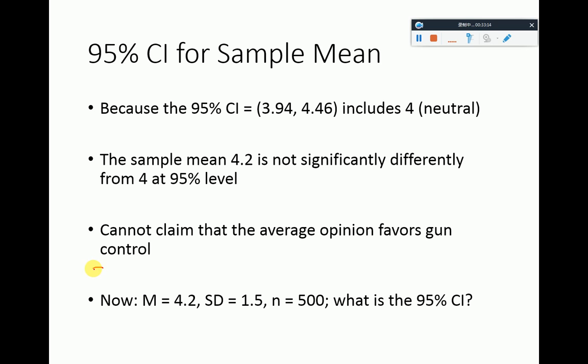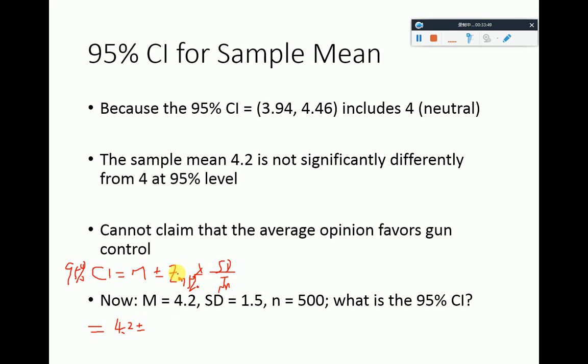So we know the confidence interval formula for 95% is sample mean plus minus the z-score associated with 95% confidence interval times the standard error, right? It will be SD divided by the square root of sample size n. So easy, we just plug in the numbers. So the confidence interval will be 4.2 plus or minus.